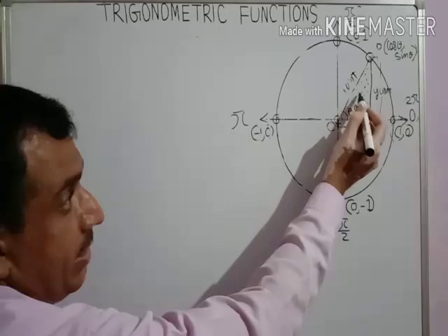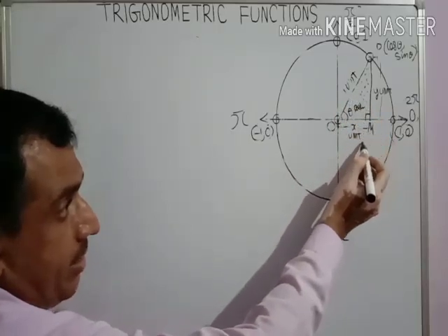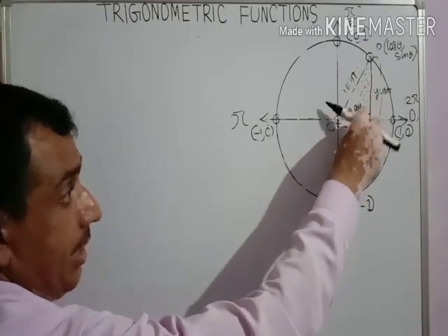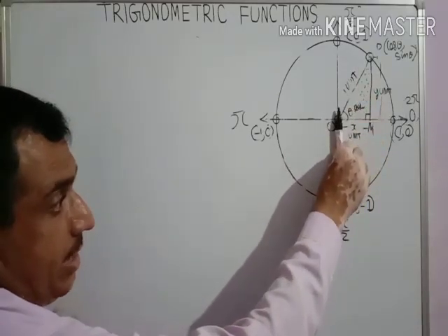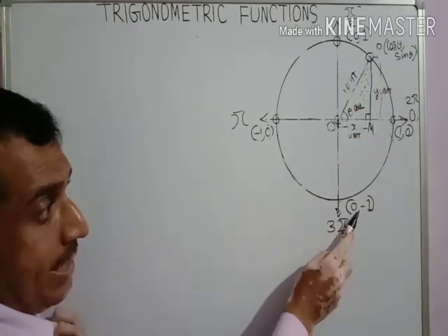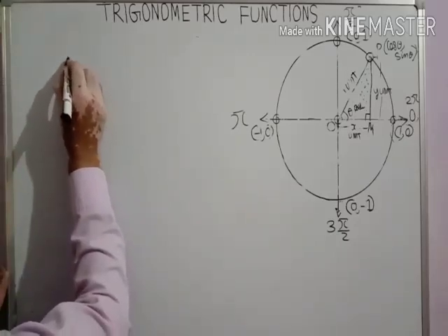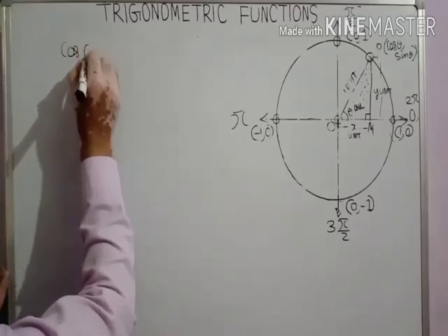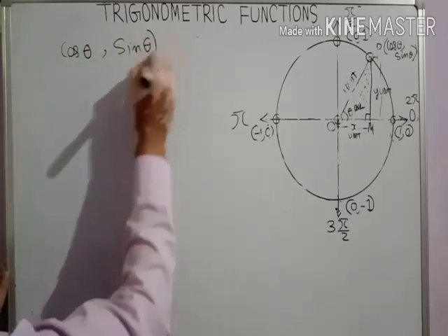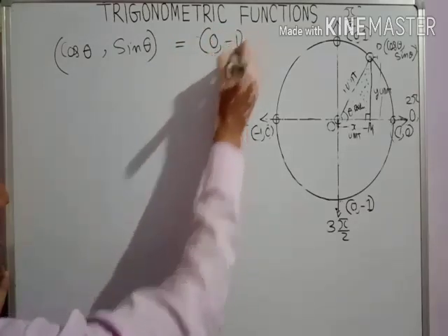Now you visualize it. This line is moving this side. It starts from this point and it comes and stops here. I mean this line overlaps this line. It means this point P coincided with this point 0, minus 1. I mean cos theta, sin theta equals 0, minus 1.